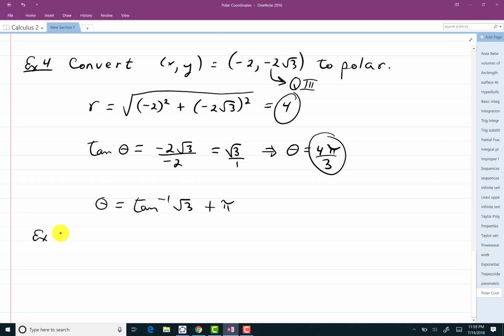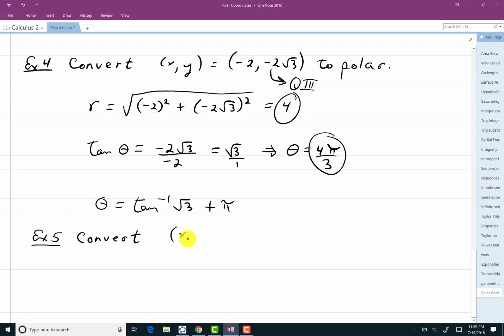One last example involving this conversion process. I think I've spent more time than I need to, but let's convert -4, -7. And I broke a promise already, and I should not have done that.